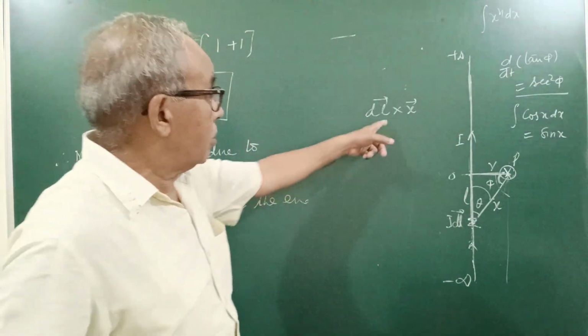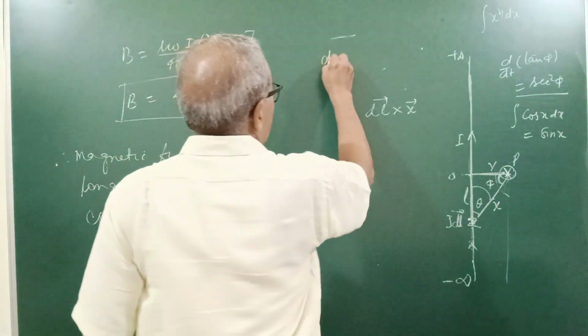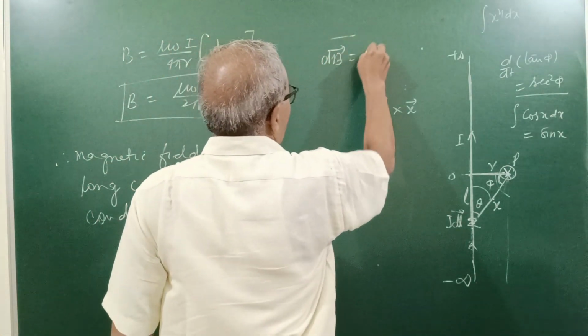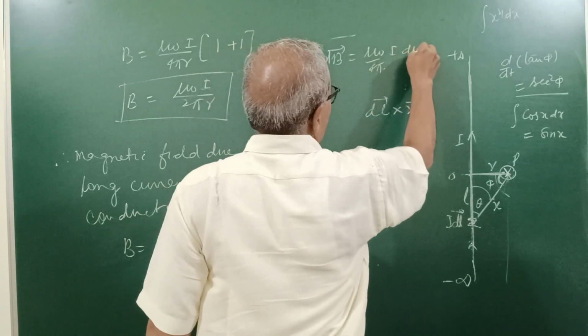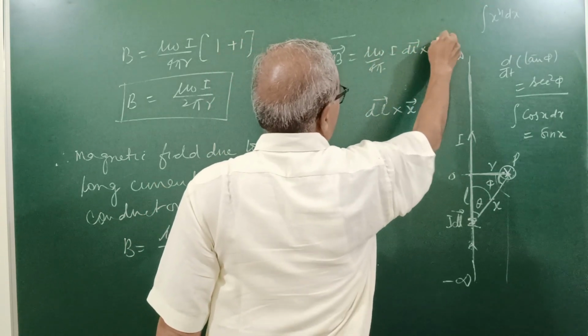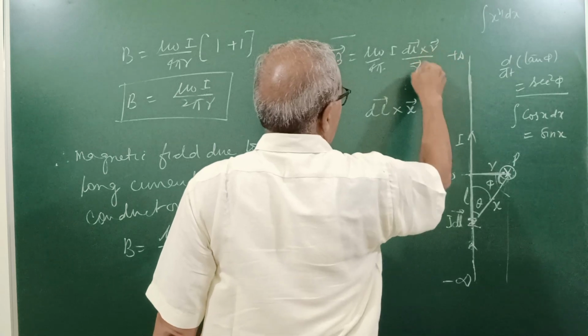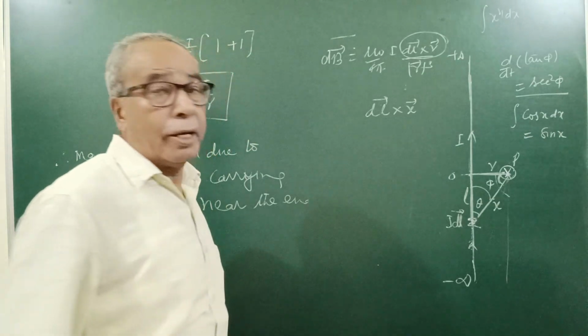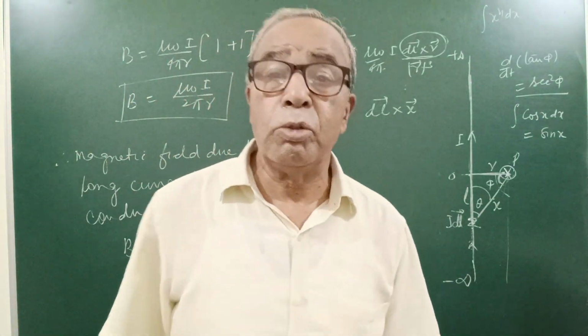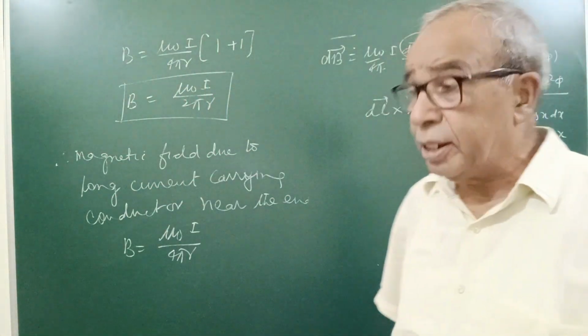Depend on this formula: the Biot-Savart law tells you the magnitude and direction of the field due to a small length. So the direction of dB is along dl cross r. That's why I ask you to learn cross product carefully.